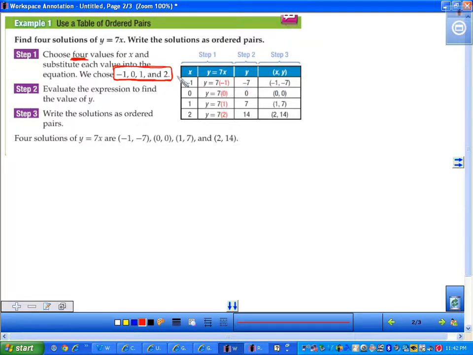And my ordered pair is the values from this column paired with the values from my y column, which gives me my ordered pair right here. These are the values that we're going to have to graph. We're going to graph or plot these points on a coordinate plane.